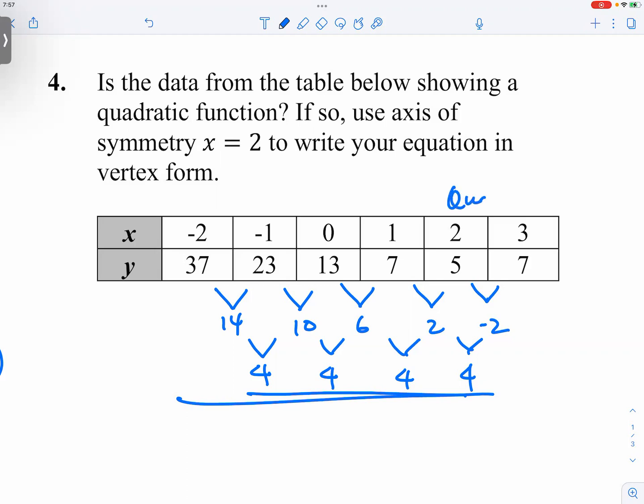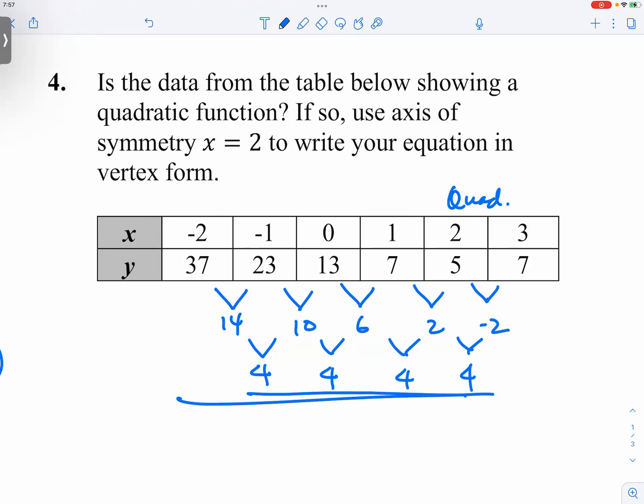So it is quadratic. And then it says if it is quadratic, then use the axis of symmetry, x equals 2, to write your equation in vertex form. Can you find a little nugget in the table? What's given to you in the table?